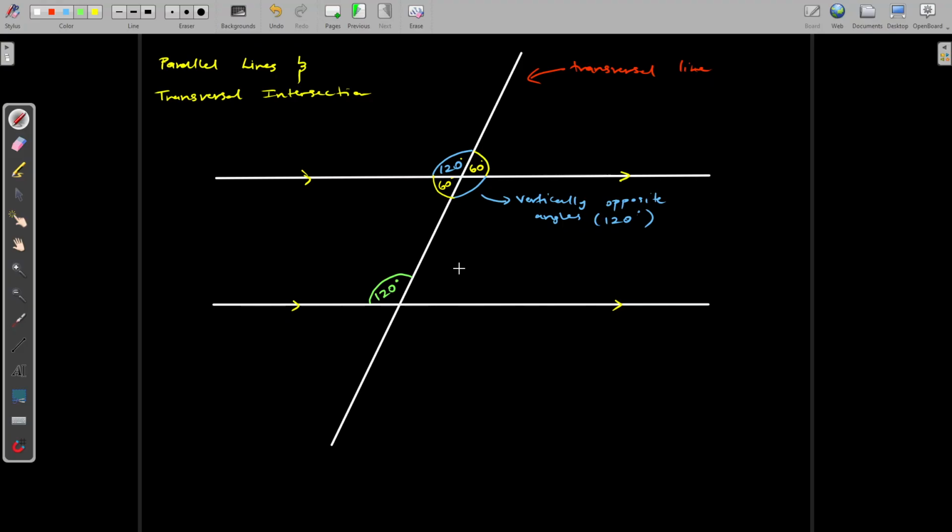So this could be three things. Let me give this a letter. Let's call this angle E. Let's call this angle A. So angle E is corresponding with angle A. Remember that corresponding angles are equal as well.